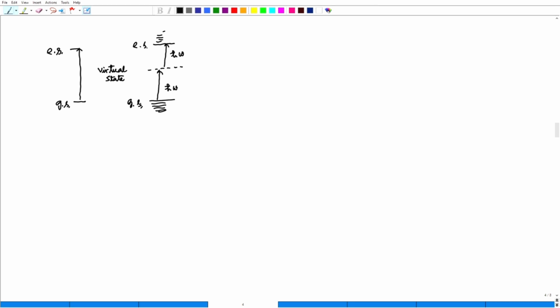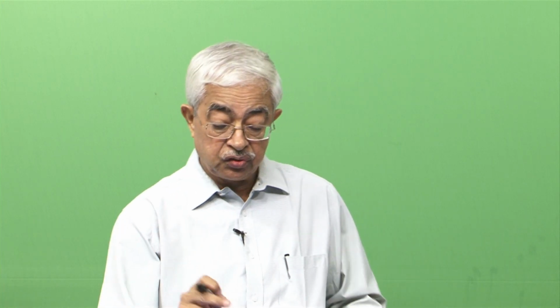Okay, and then it can show fluorescence also. We call it two photon fluorescence, that is two photon absorption and two photon fluorescence. Two photon fluorescence is very, very important in biology. All right, we will talk about it later if we have time. So, this is called two photon.